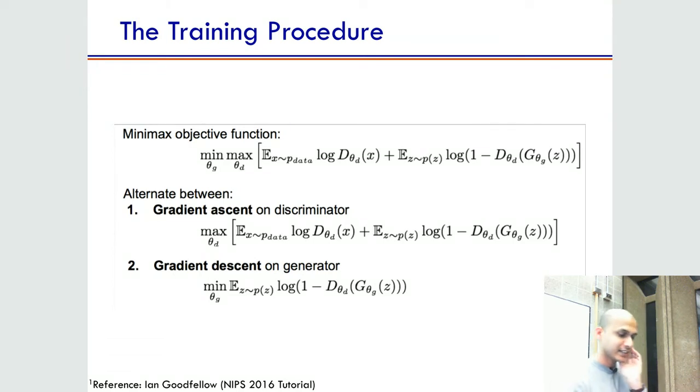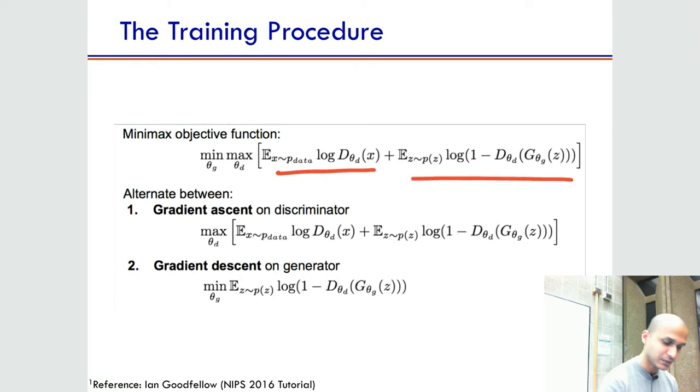This is just a laborious way of saying what we just saw. This is what we saw before, where we now explicitly substitute Pg of theta of z. Two slides ago, I was using a minus sign in the front, so there was a minimization problem for the discriminator. If there are no minus signs, the discriminator is supposed to maximize.